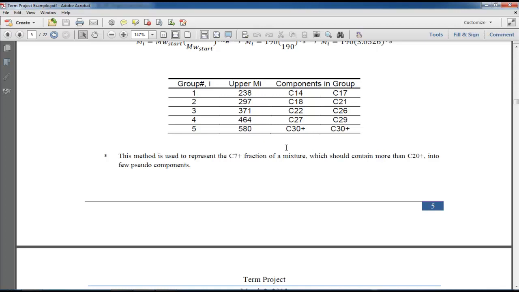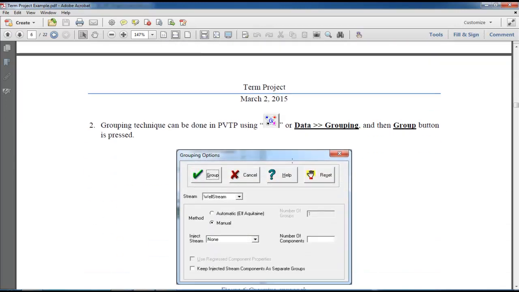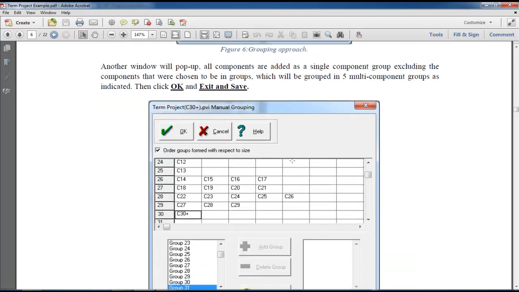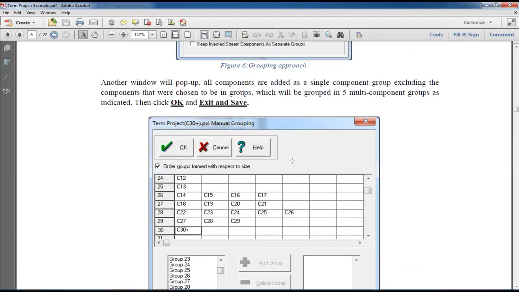But I'm not sure here, because we were asked to do the same. So how do we apply this grouping? You will need to go with the manual you remember, where you have the steps.